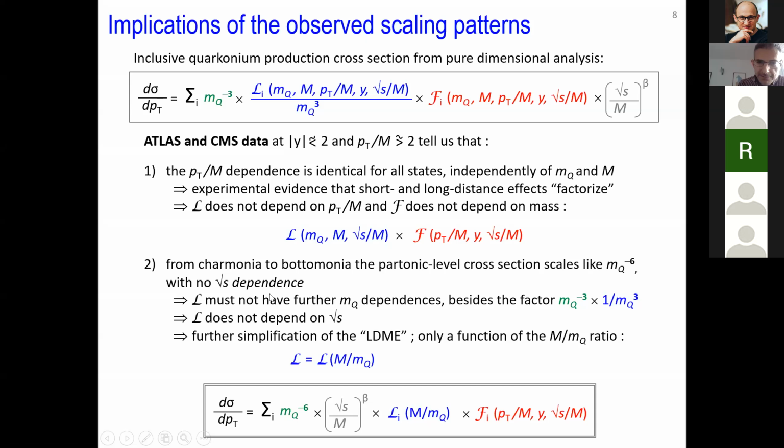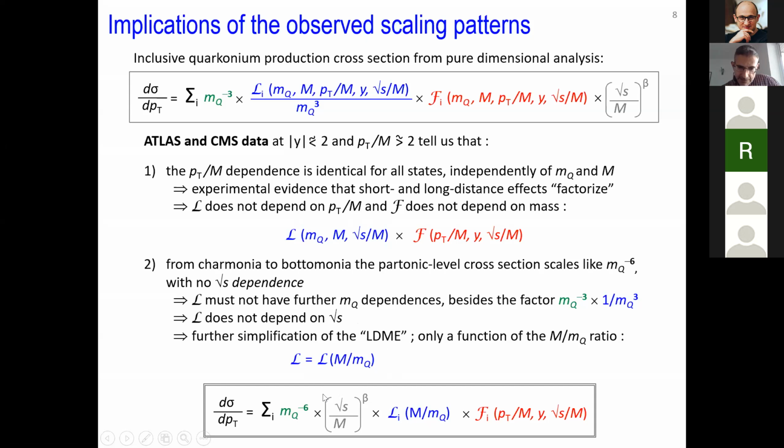So L should not have any further mass dependence inside. Moreover, it does not depend on the energy, because this mass scaling has been seen to be energy independent. Therefore, we can reduce L to a dependence only on the ratio of the masses, the mass of the state divided by the mass of the quark.